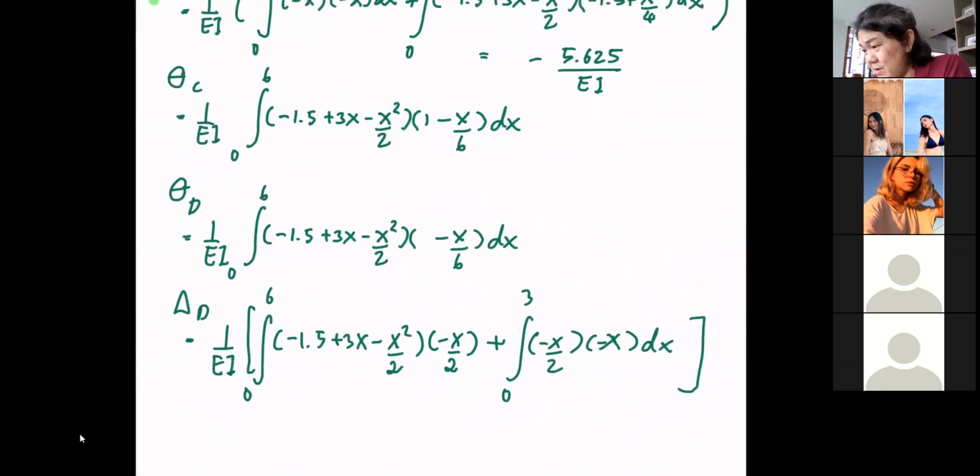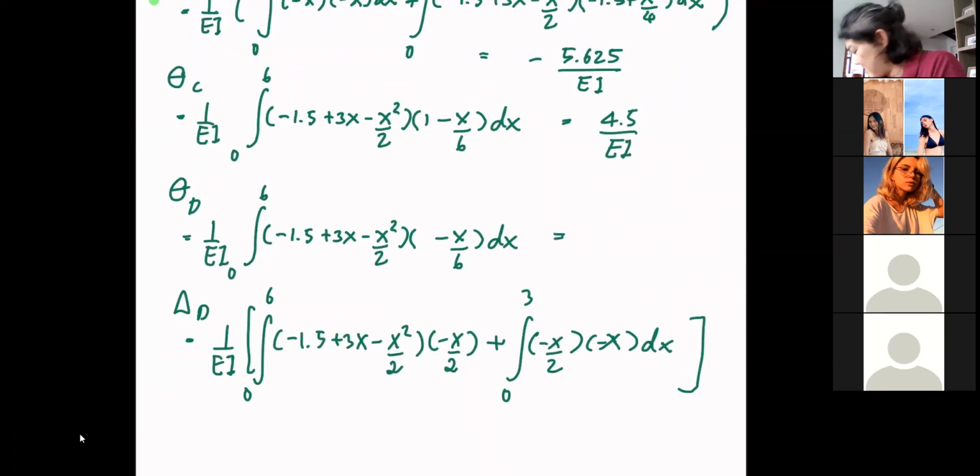Does it appear to be so? Wow, my handwriting is quite a mess. I think, yeah, in the end it is 4.5 over EI.